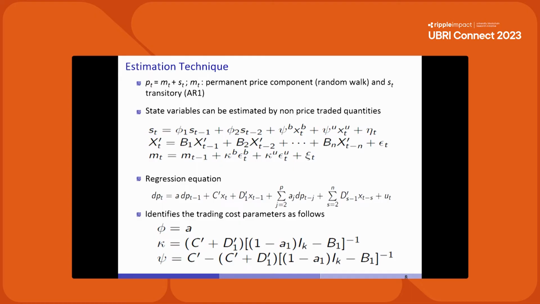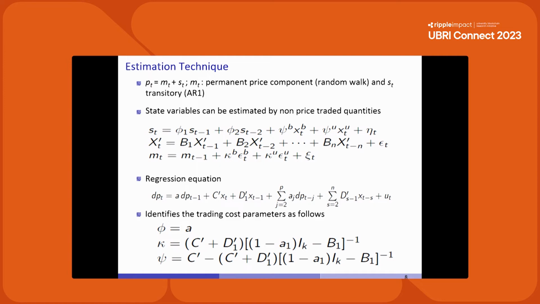Permanent change is going to remain permanent, and next period's permanent change is random. You don't know what it's going to be. Temporary change that has happened in the price is going to reverse itself. Like I said, if there is a big order, it's going to come back up, right? So there is a negative coefficient on that.